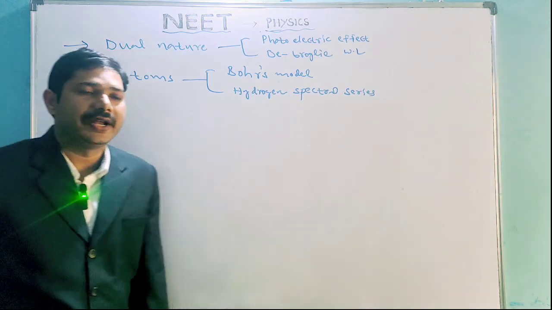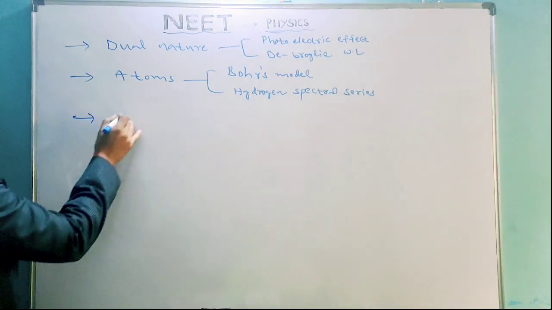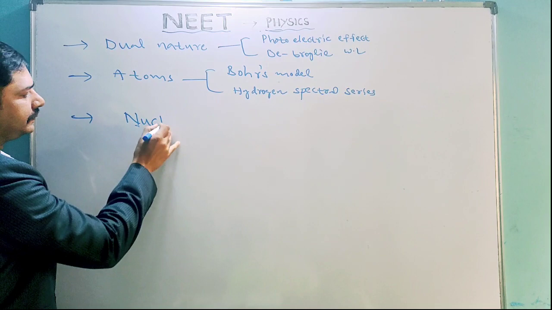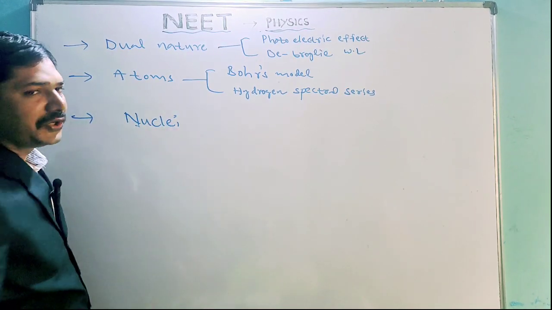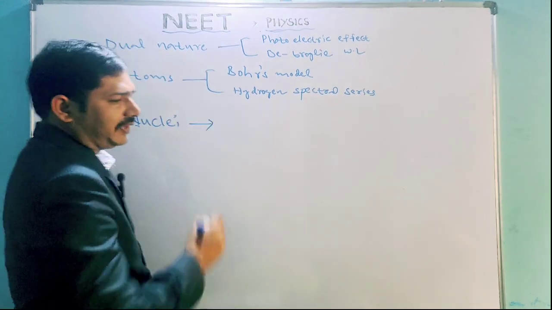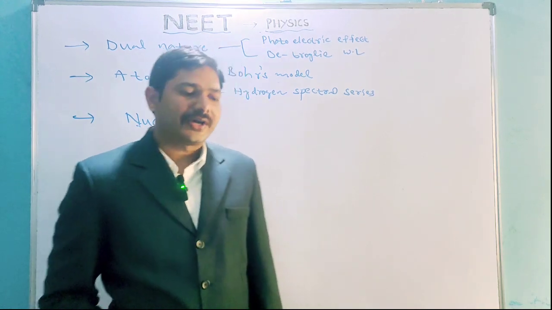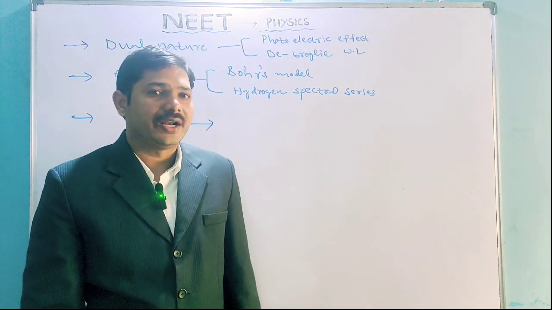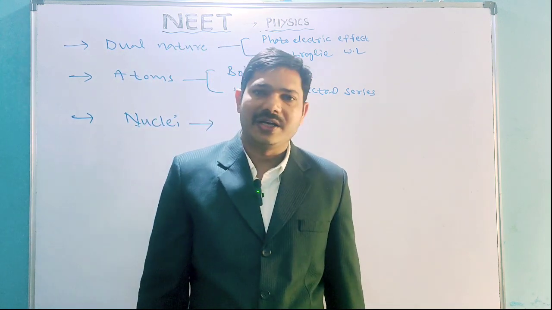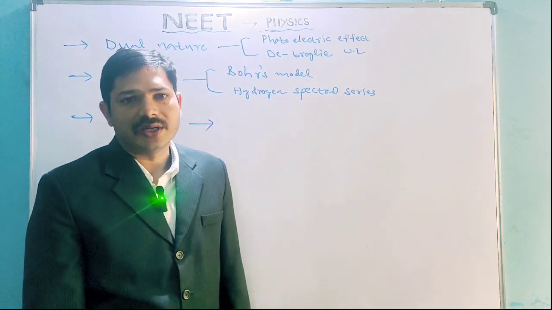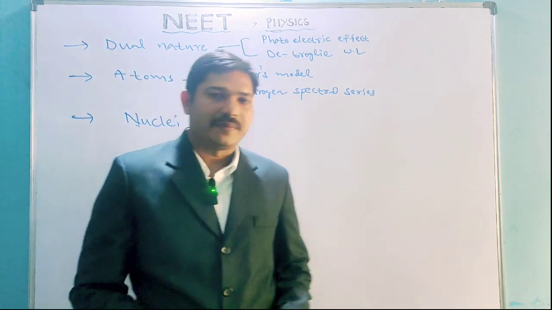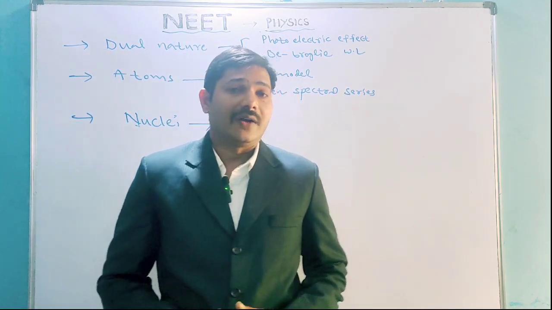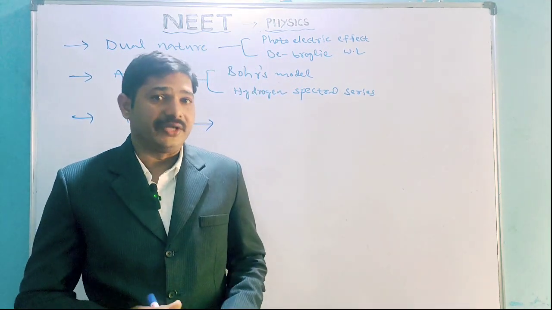Next, nuclei. From nuclei, radioactive decay law problems and natural radioactivity, like emission of alpha rays, beta rays, gamma rays. For example, a certain nucleus emits some alpha rays and beta rays, so which element does it convert to?